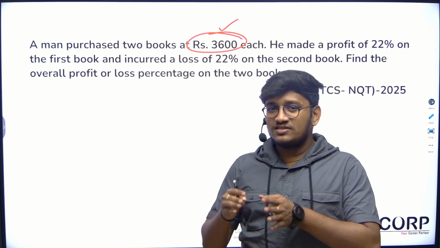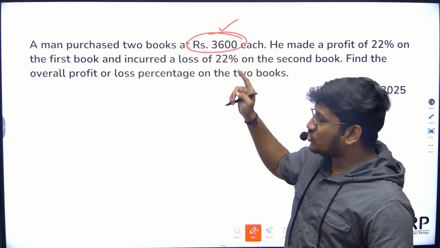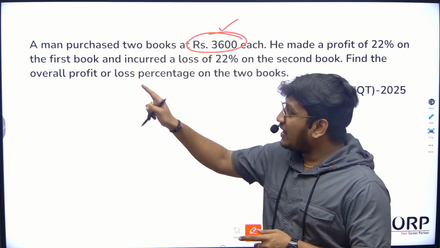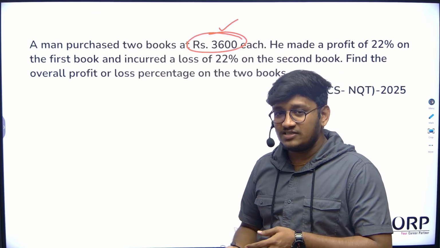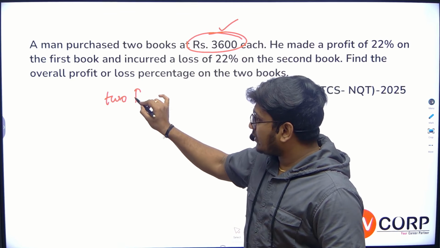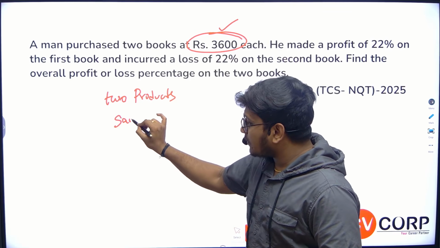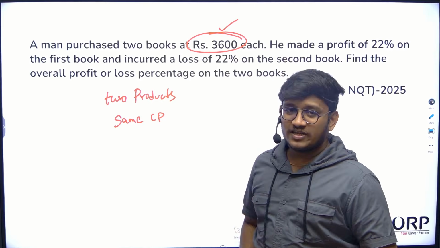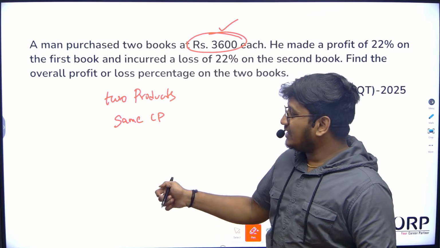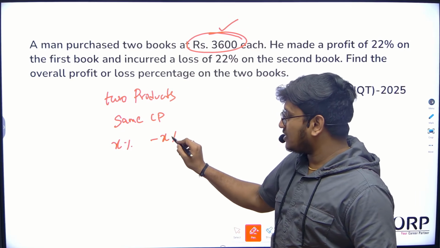That value we actually need not consider, because when a man purchased, meaning bought, 2 products for the same cost price, on one product you get X% profit and on another product you get X% loss.